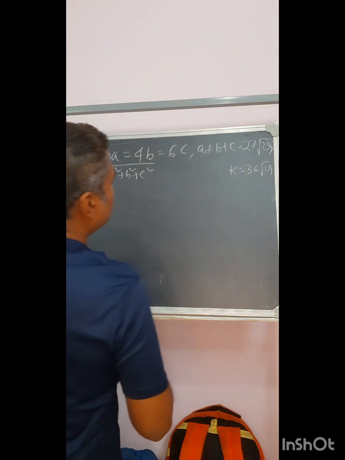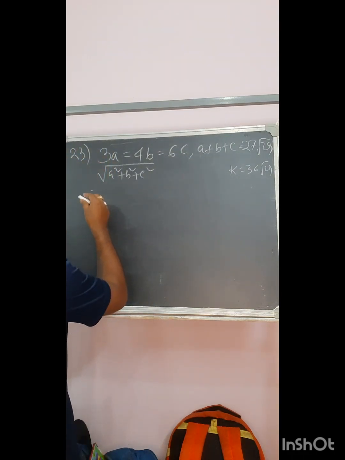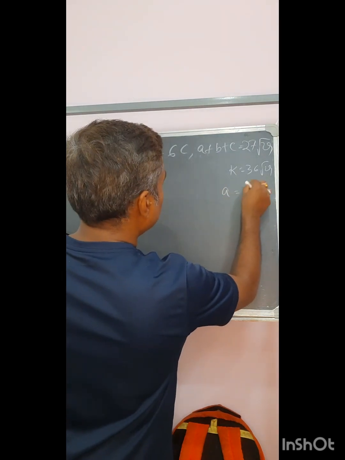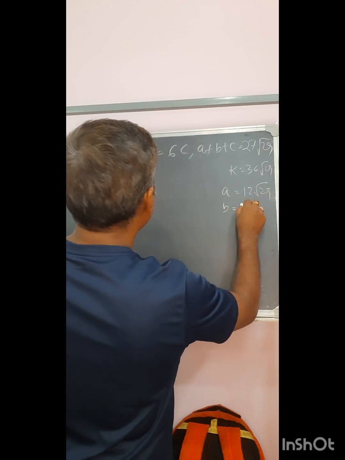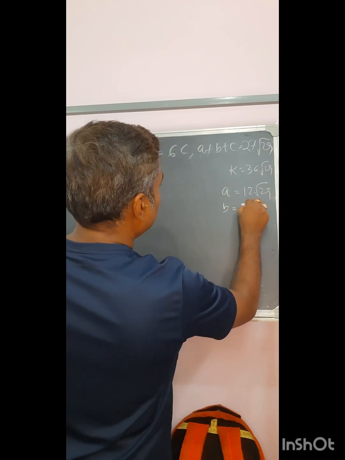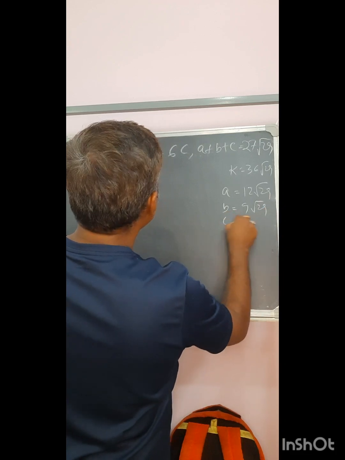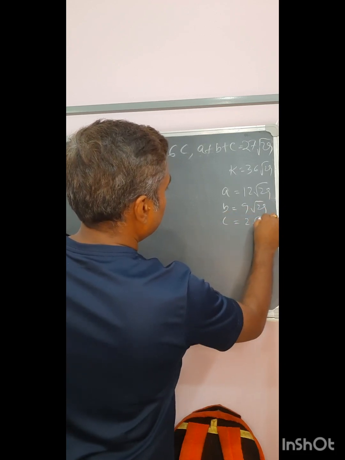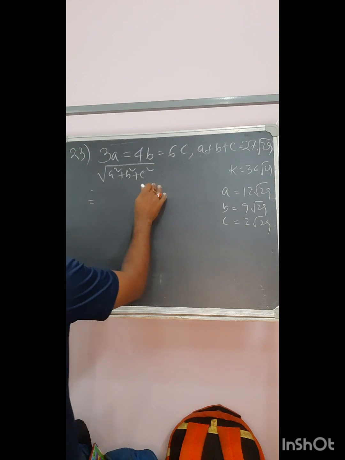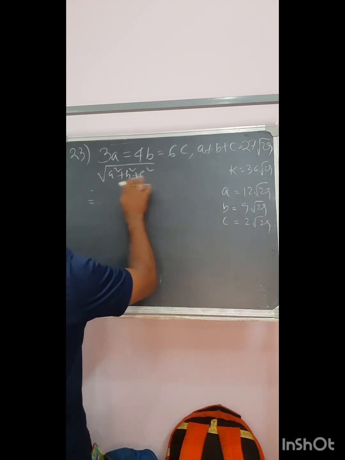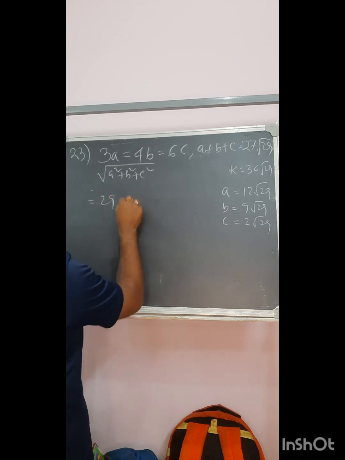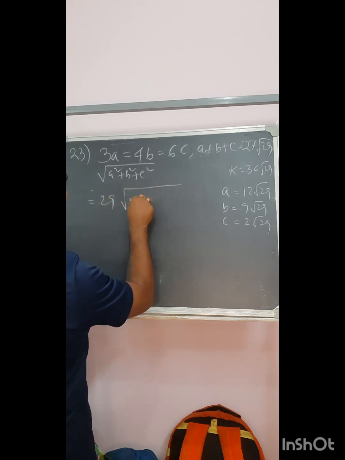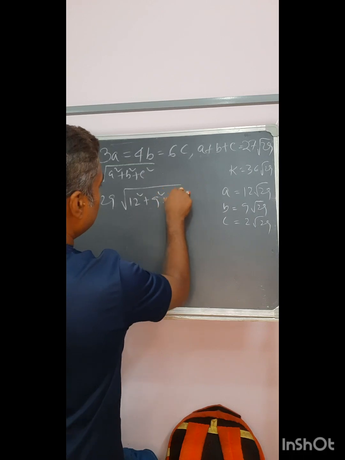Okay. Now if k is that, then a value is 12 root 29, b is 9 root 29, c is 2 root 29. If I square these, all the 29 will be squared. So root 29 will be outside, and inside there will be 12 square plus 9 square plus 2 square.